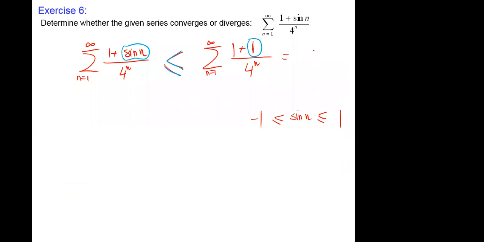Okay, let's simplify. I will have 2 over 4 to the n, with just 4 in the denominator taken to the power of n. That means this is my common ratio, 1/4, because 2 is just the constant. And a geometric series with a common ratio less than 1 is definitely convergent.